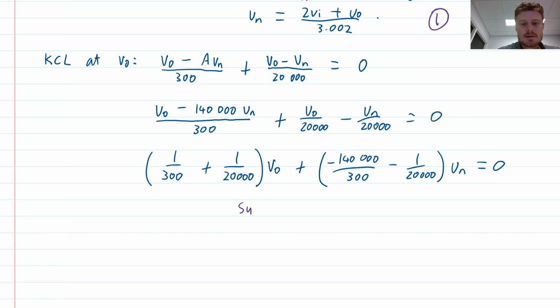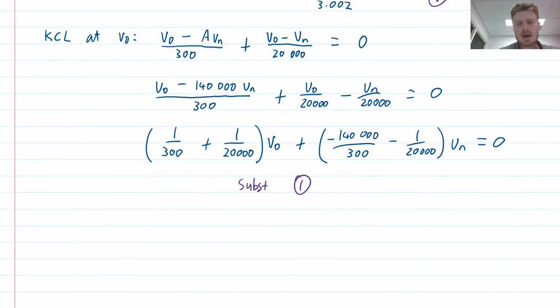I can substitute from equation number 1, and clean up some of these numbers as I go. That first set of brackets is 0.0033833. I'll keep a few significant figures for now.